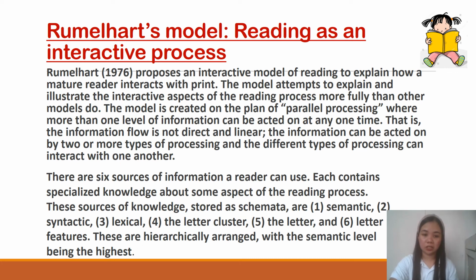So there are six sources of information a reader can use. Each contains specialized knowledge about some aspect of the reading process. These sources of knowledge, stored as schemata, are semantic, syntactic, lexical, the letter cluster, the letter, and letter features. These are hierarchically arranged with the semantic level being the highest.